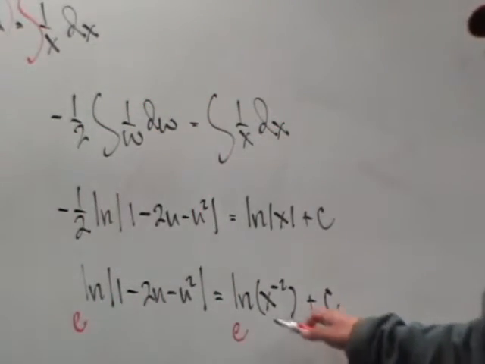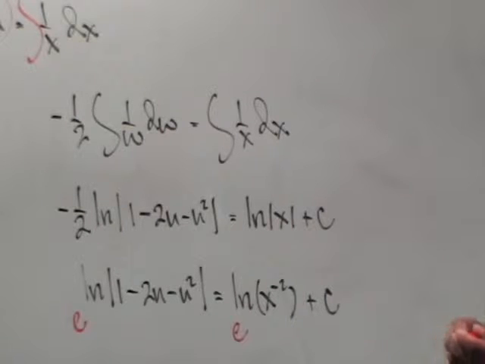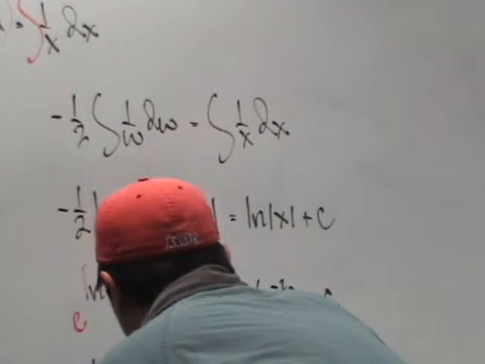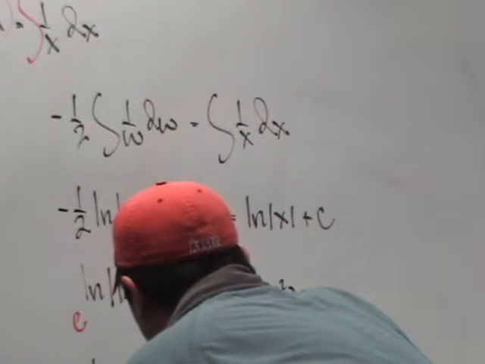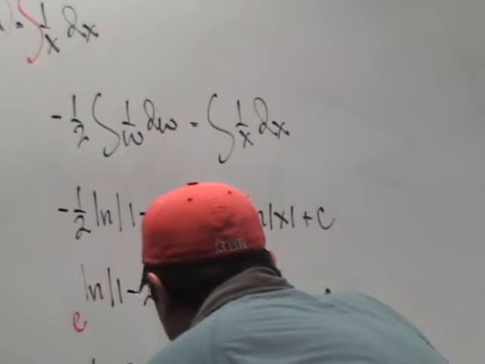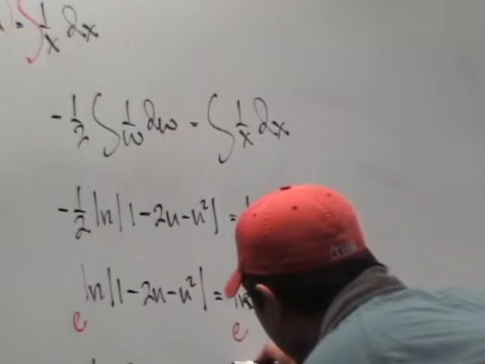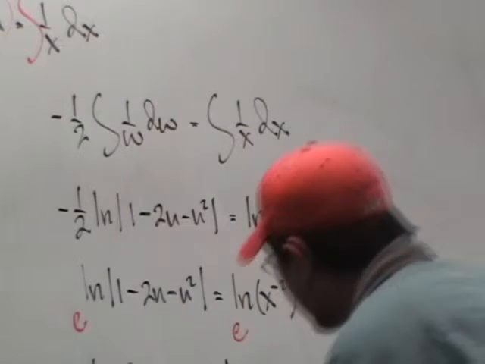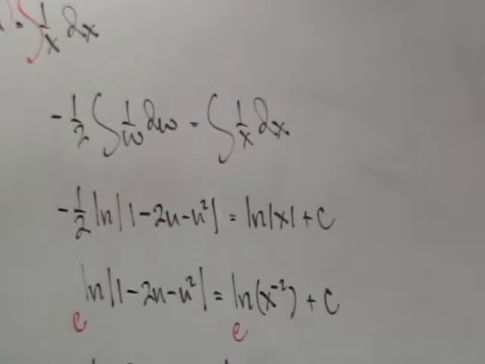That c is going to come out as an a in the front, as a multiplication by a scalar. So here I have 1 minus 2u minus u squared is equal to a over x squared, or a times x to the negative 2.